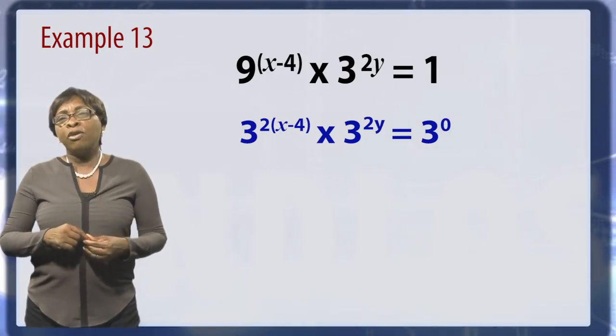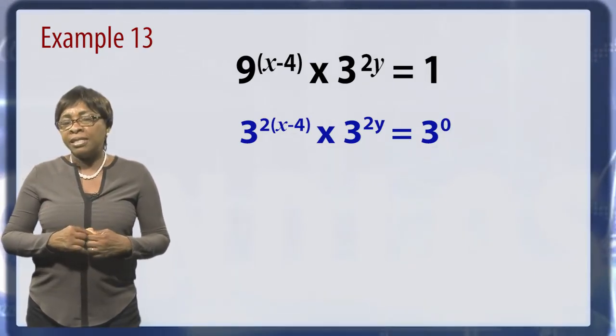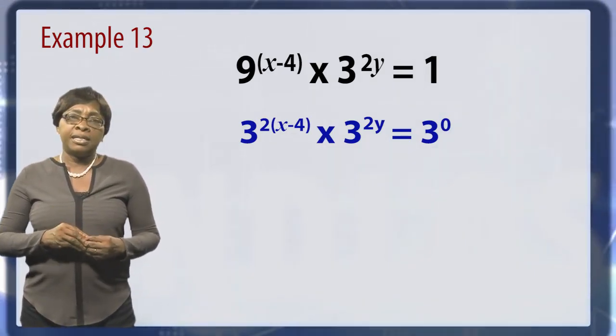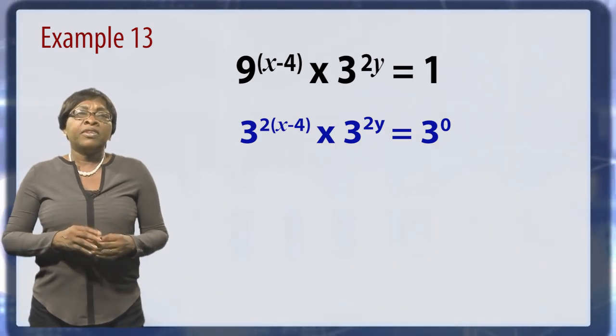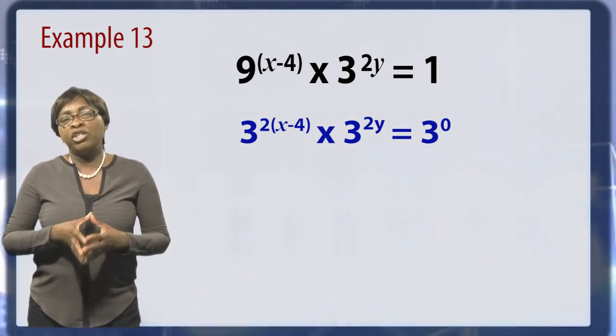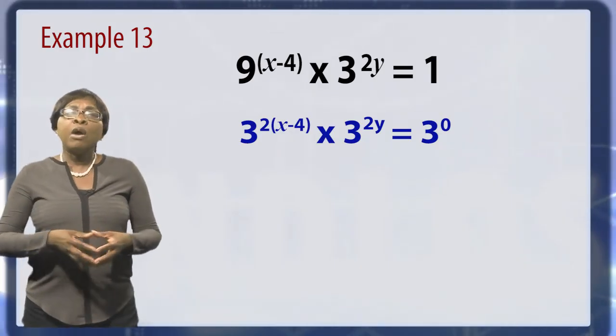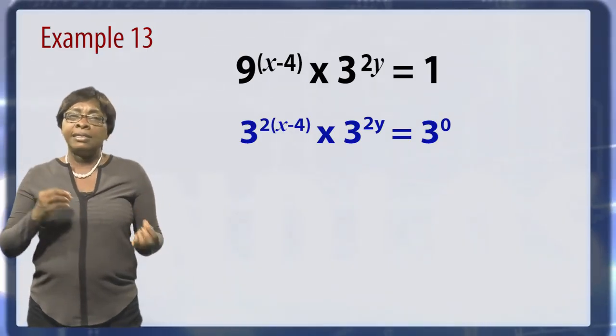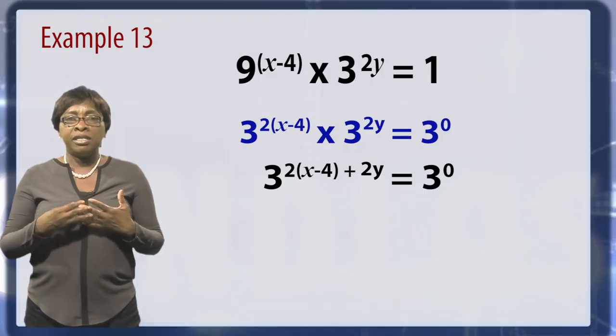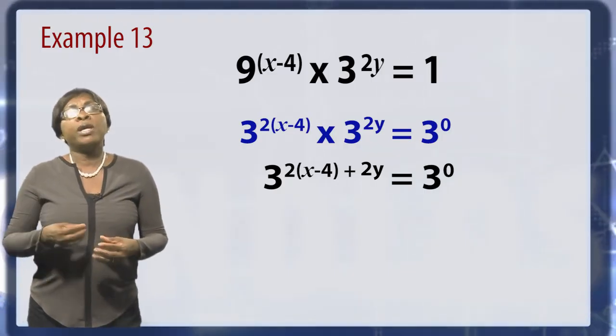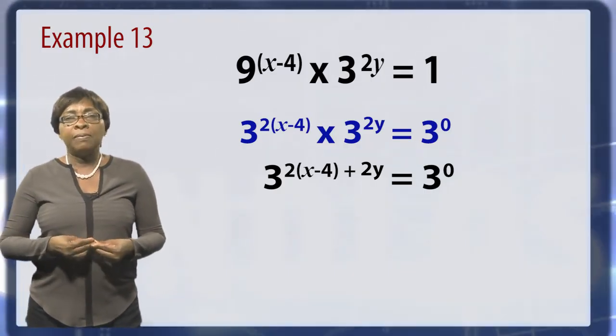I hope you haven't forgotten the 0 index rule that we looked at. That helps us very much here. Now we have both sides as numbers or expressions to base 3. So we can compare the powers.